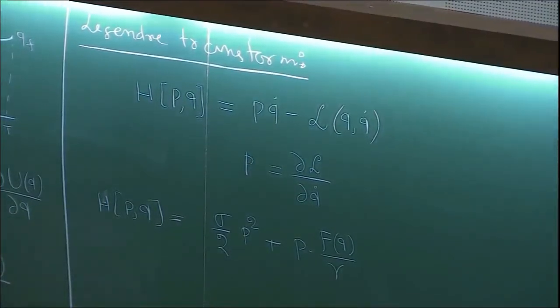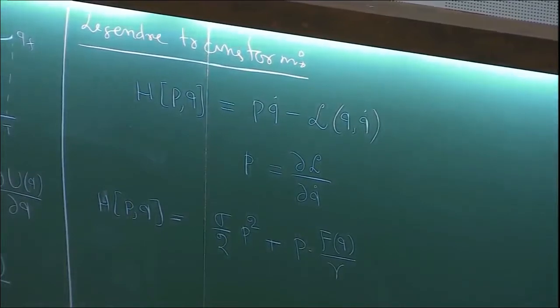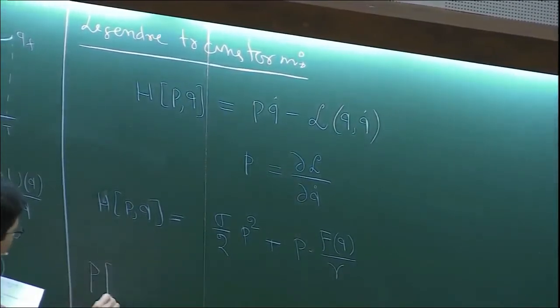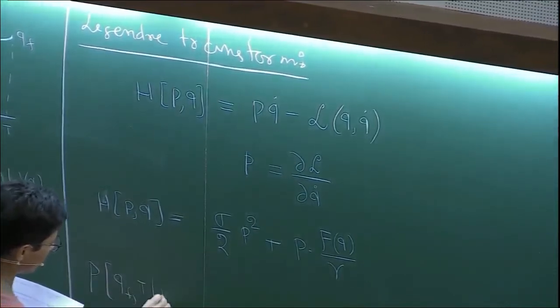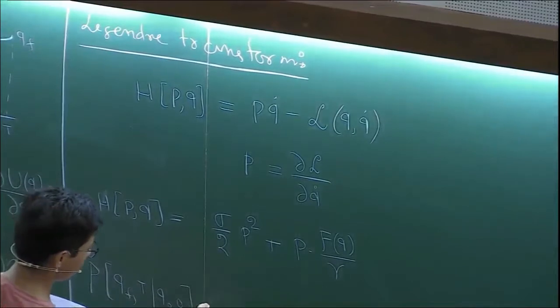Okay? So now if I want to look at all these parts, okay? So now the action, that is the same picture, just the action is now written in a different form. So now I'm just going to write this again. I want to look at QF at T, Q0 at 0.